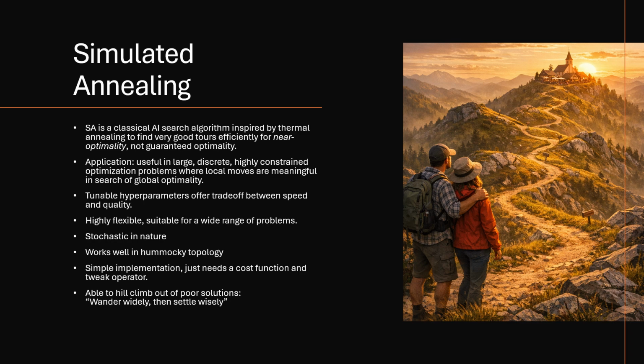All we have to do is to develop a fitness function and an ability to calculate a slight perturbation of the current state. And because of these, it's able to hill climb out of poor solutions. So the idea is that we can, at the start, wander widely and then settle wisely to find our best answer.